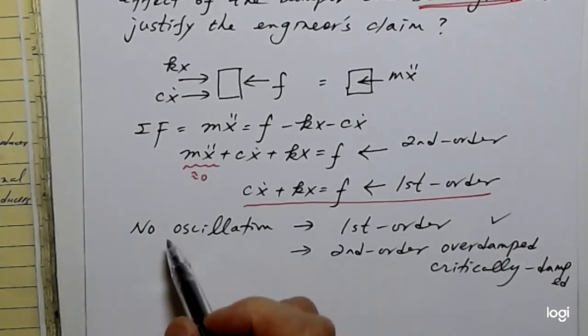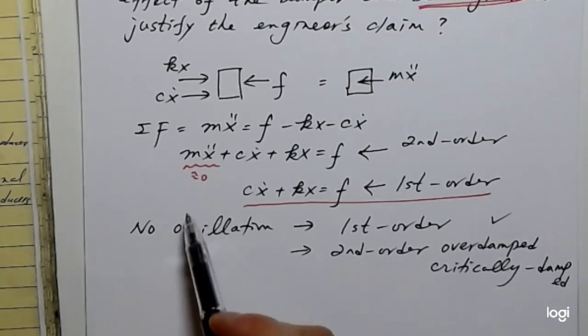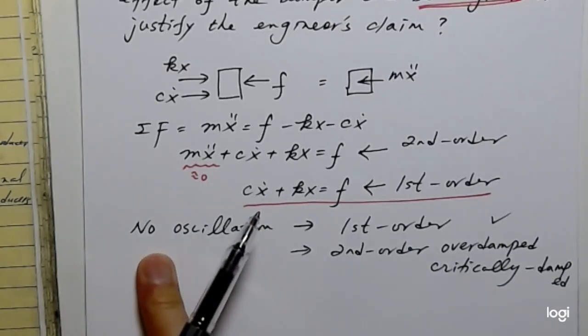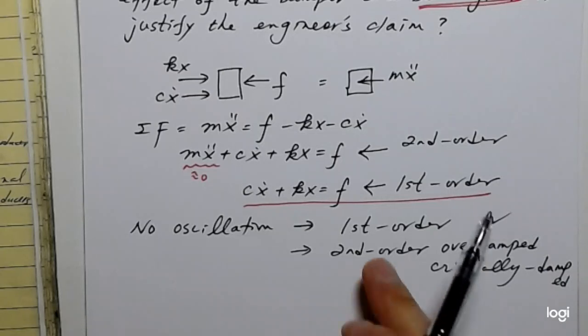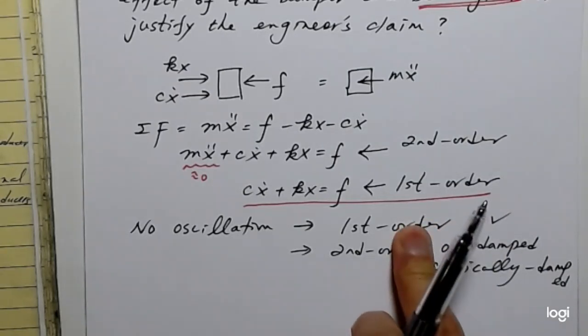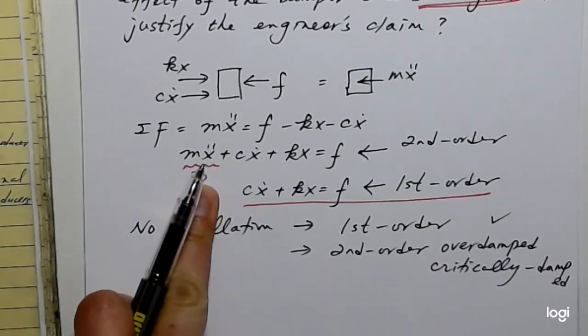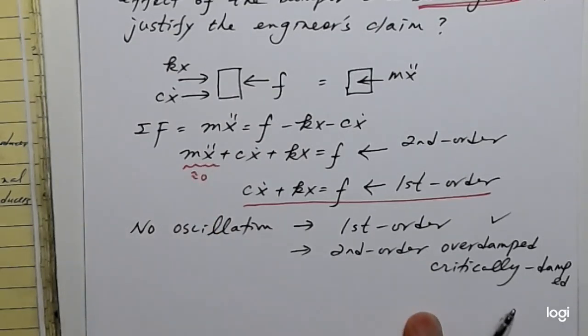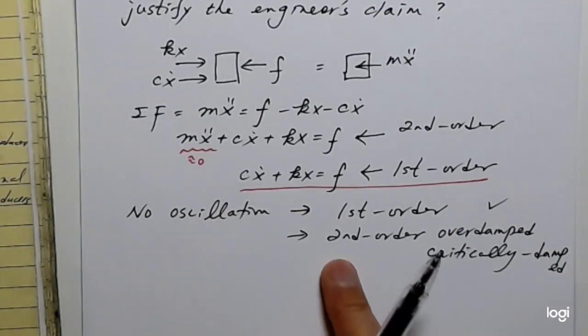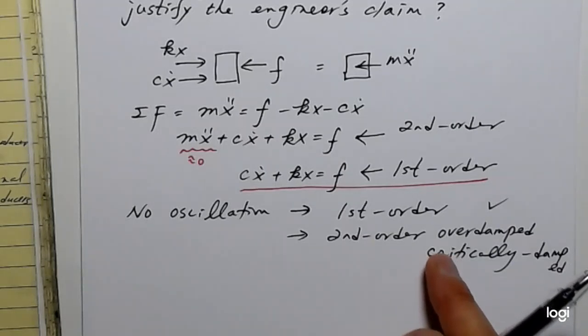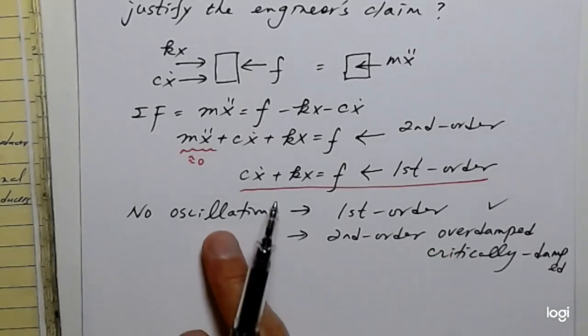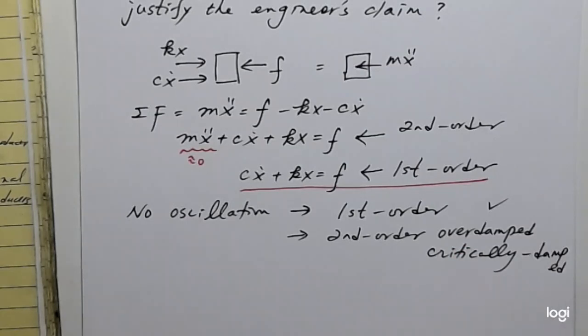So if your justification is because the response has no oscillation, that's why it's first order, that's why the inertial effect can be ignored, this is not a correct statement, because for a second order system you can still have a response without any oscillation, which is overdamped or critically damped.